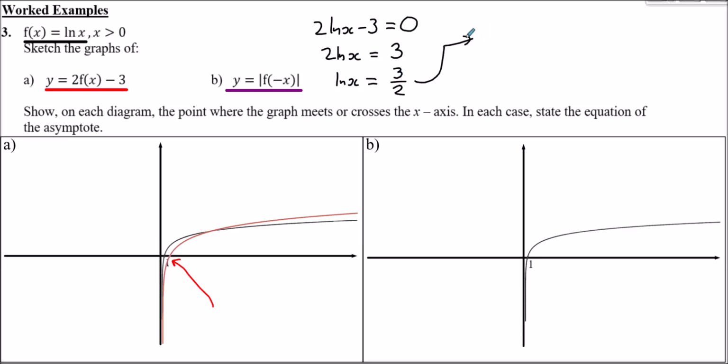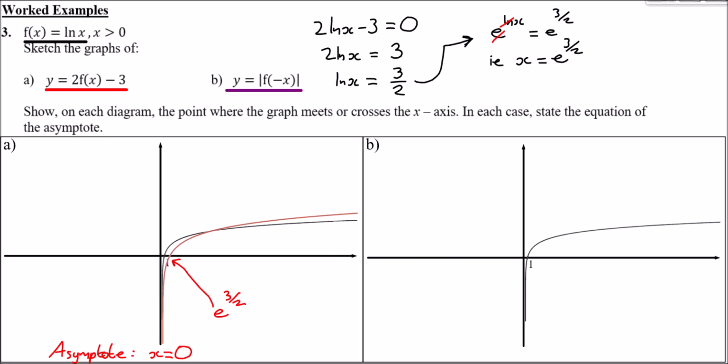I can then exponentiate both sides, so e to the ln x will equal e to the 3 over 2. E and ln essentially cancel. So in other words, the x-axis intercept is e to the power 3 over 2. So I can label this in like the question asked. And the asymptote is still the y-axis. So in other words, the asymptote is x equals 0.